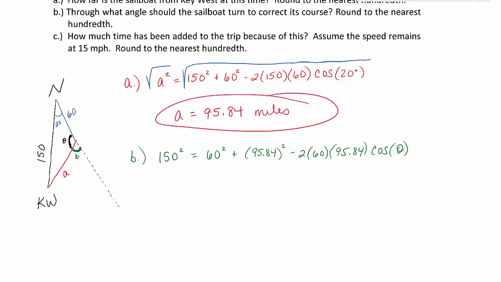I really don't want to have to multiply all these numbers out to figure out theta, so I'm just going to keep them and rewrite them and then just plug it all in my calculator at once. That way I'll get the most accurate answer anyways, because I'm not going to be rounding as I go. So we're going to have to subtract the 60 squared and the 95.84 squared from both sides.